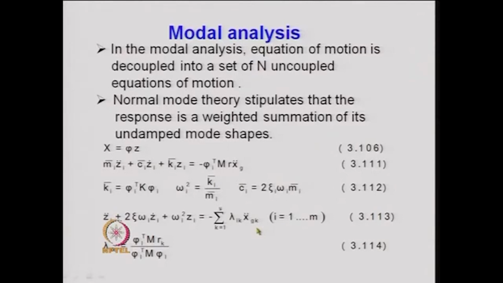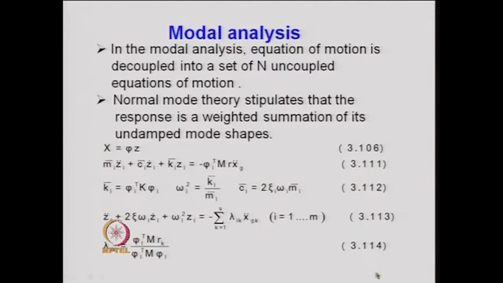K stands for the number of the support. So, x double dot g k varies from support to support, and lambda I k is a quantity which also varies from support to support.